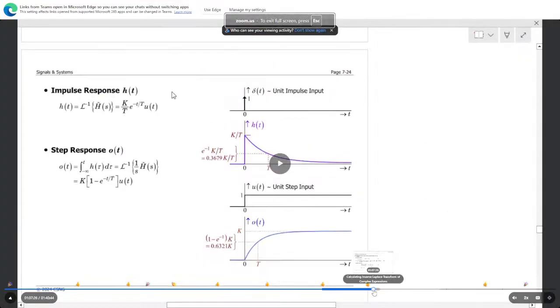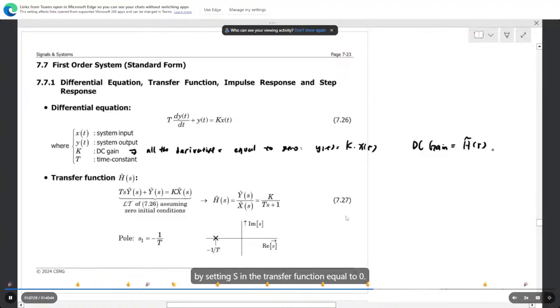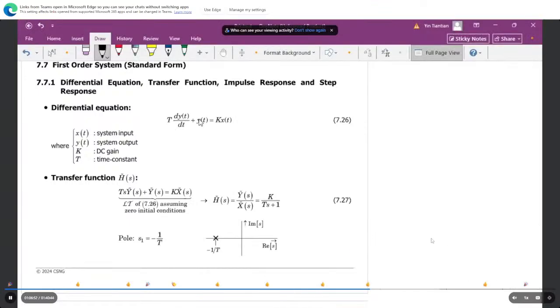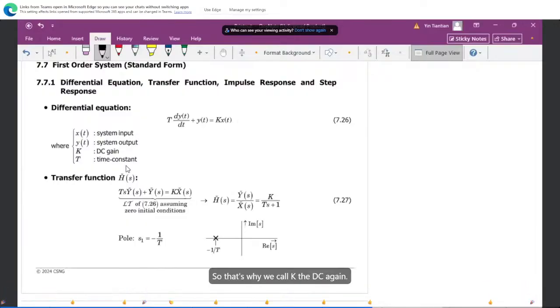We can get the DC gain by setting s in the transfer function equal to 0. So when s is equal to 0, the transfer function will be equal to the DC gain. When all the derivatives are equal to 0, what do we have? We will have y(t) equal to capital K times x(t). So that's why we call K the DC gain.